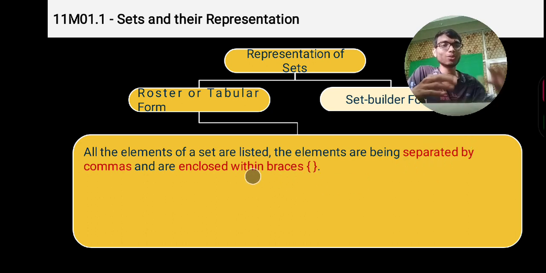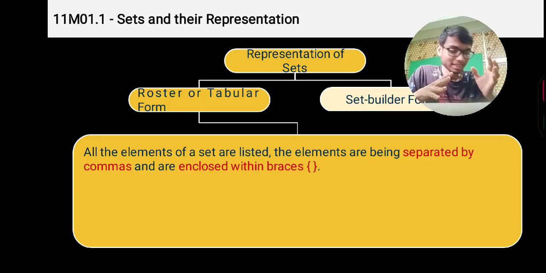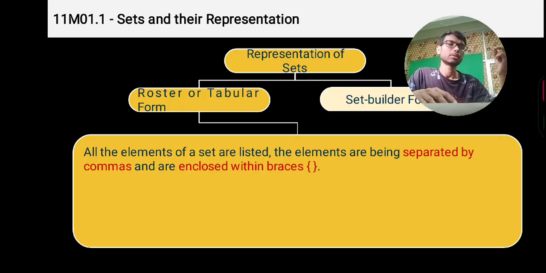So remember the meaning of roster form: all elements we write separated by commas, and then we use curly brackets, open bracket and close bracket.